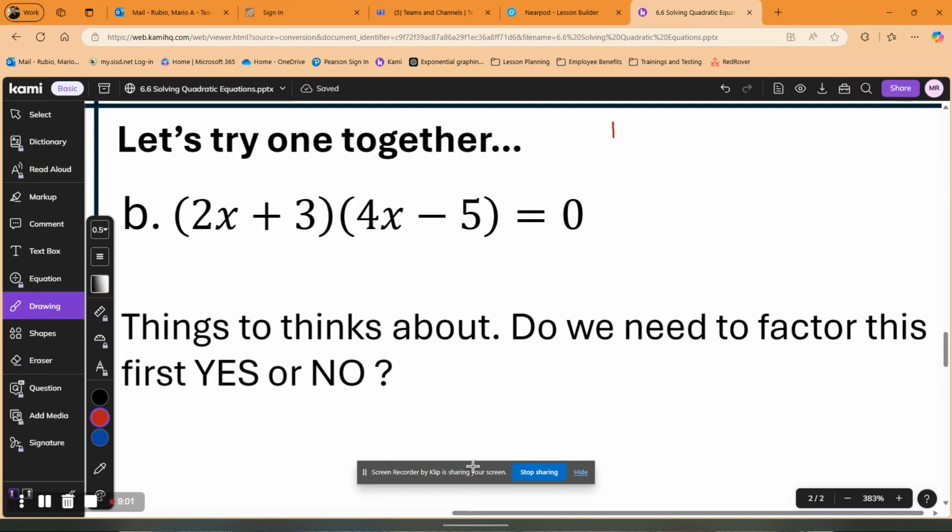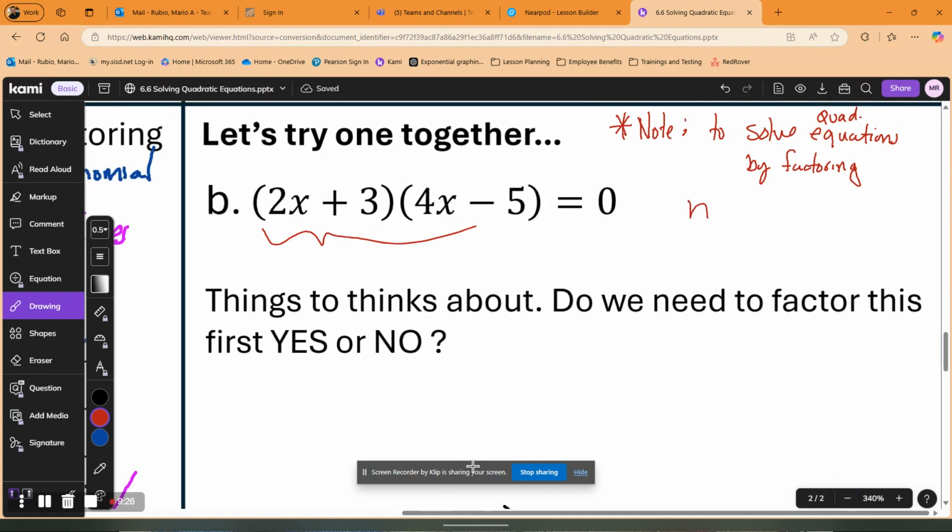The other note that we need to be aware of, an important note, is to solve a quadratic by factoring, the equation has to be set equal to 0.